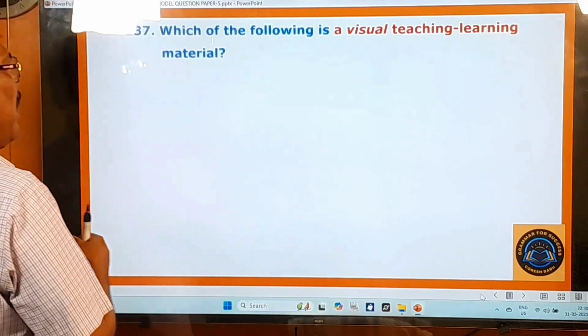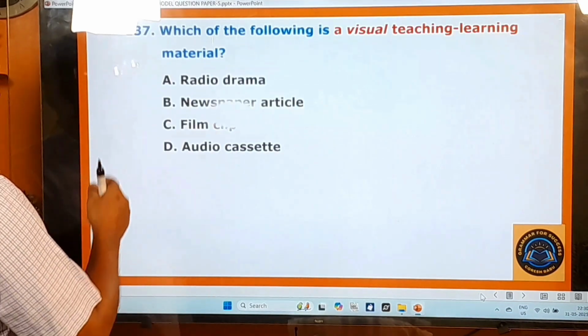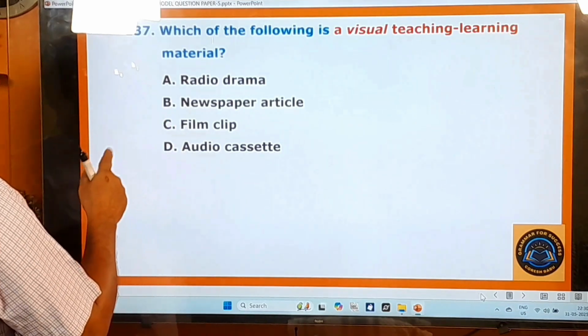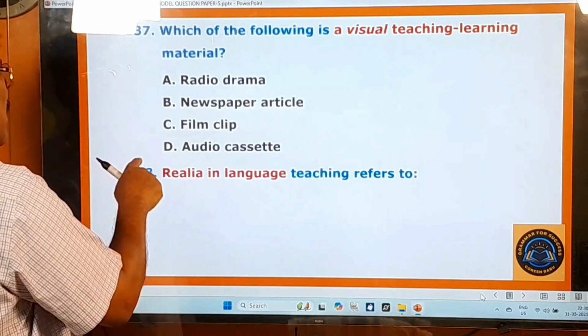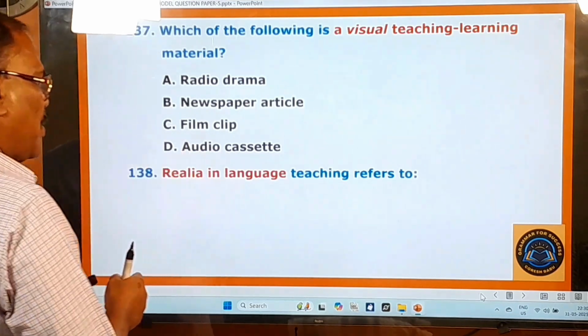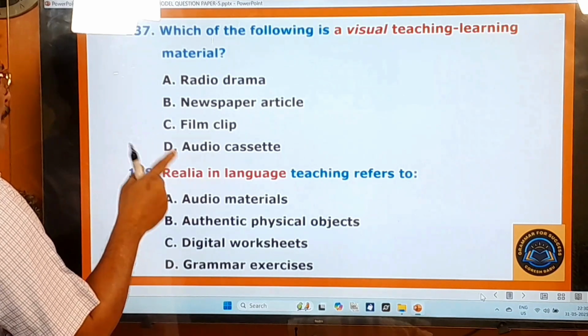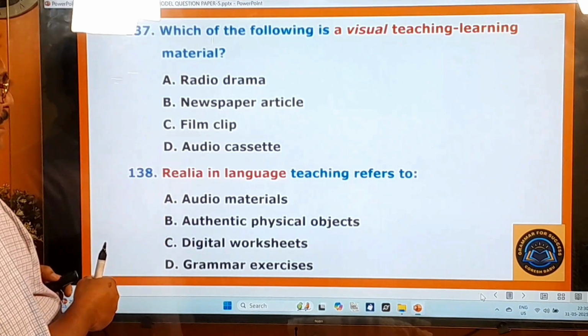Which of the following is a visual teaching learning material? Radio drama, newspaper article, film clip, audio cassette. 138th question. Realia in language teaching refers to audio materials, authentic physical objects, digital worksheets, grammar exercises.